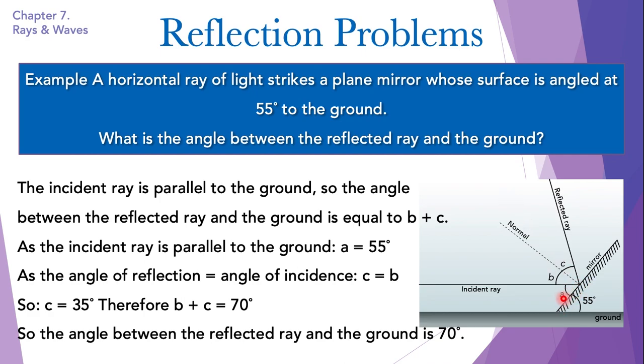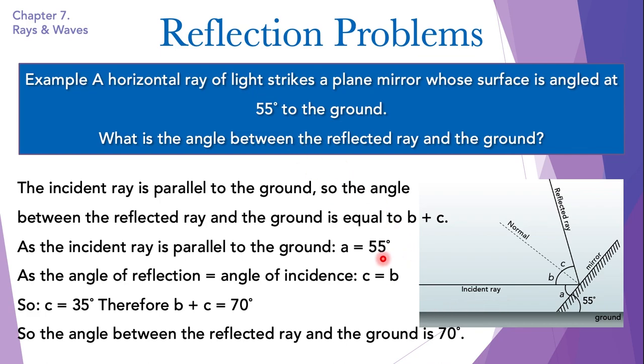When we minus the 55 degrees from 90 degrees, we get 35, so B is equal to 35. And B is equal to C, so C is also 35. When we add both 35s, we get 70. And that is how we find the angle of the reflected ray from the ground, 70 degrees.